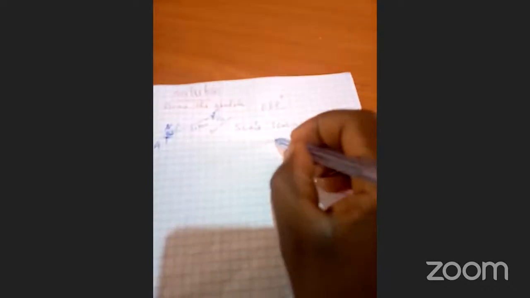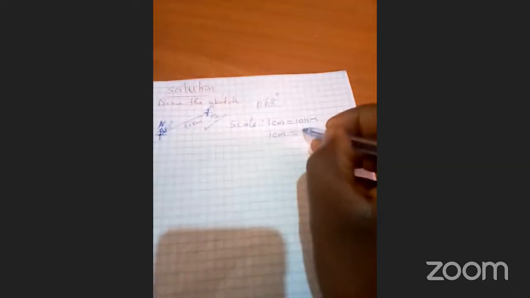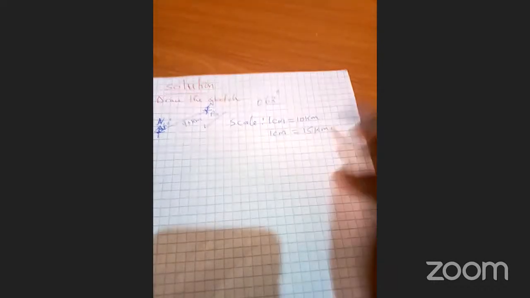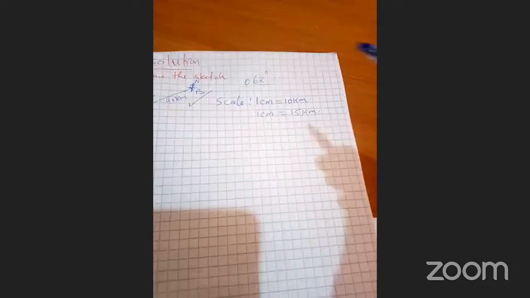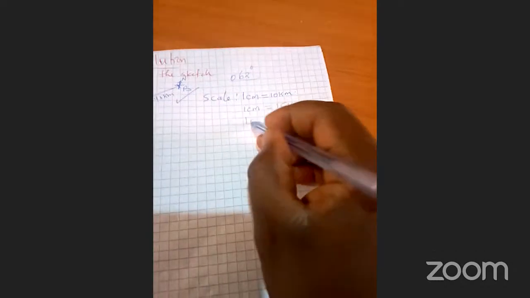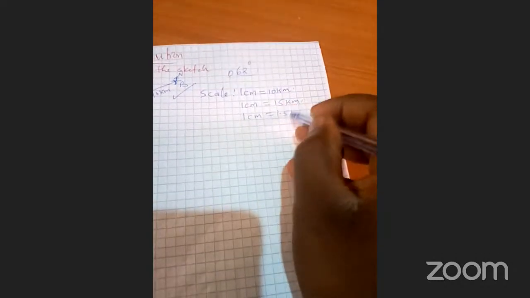Jane, 2262. 1 centimeter represents 15 kilometers. So Jane is giving us another scale, 1 centimeter to represent 15 kilometers. Someone is asking, teacher, and 1 centimeter represents 1.5 kilometers.